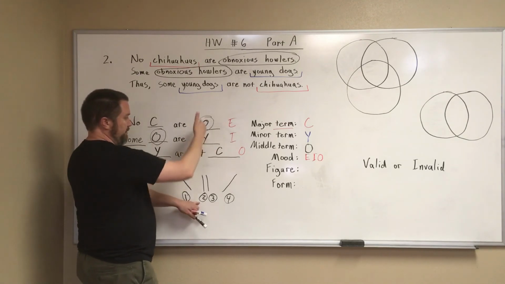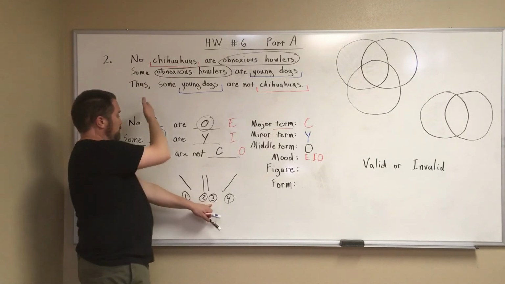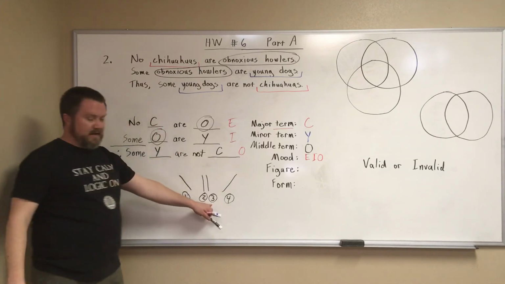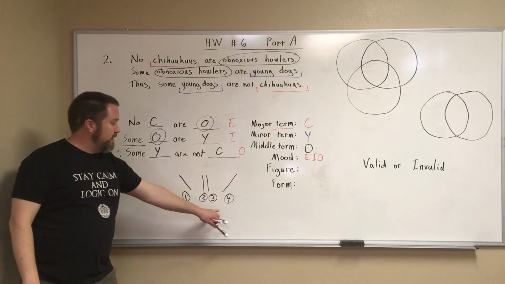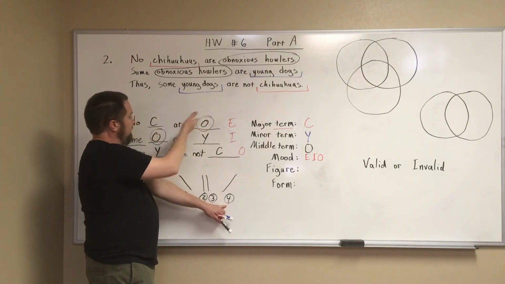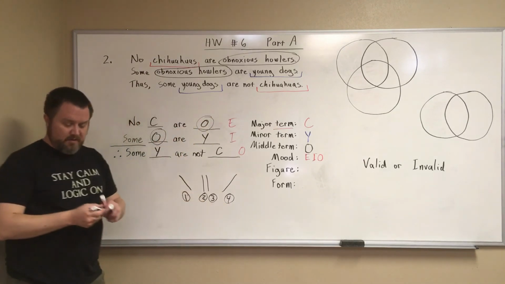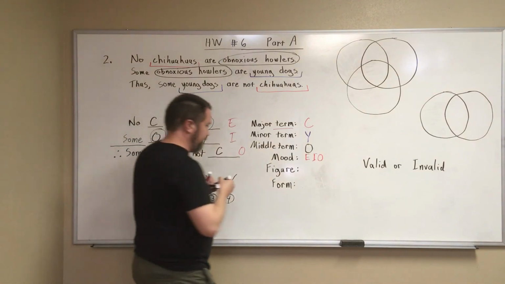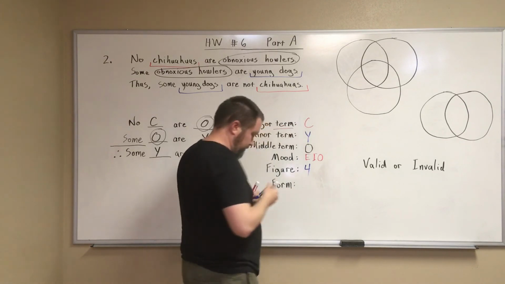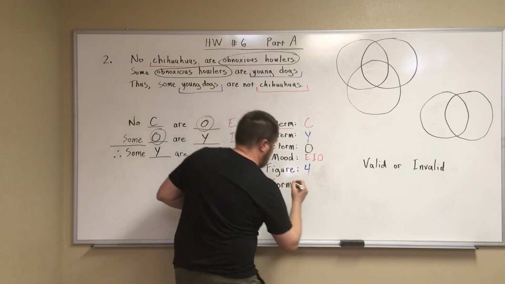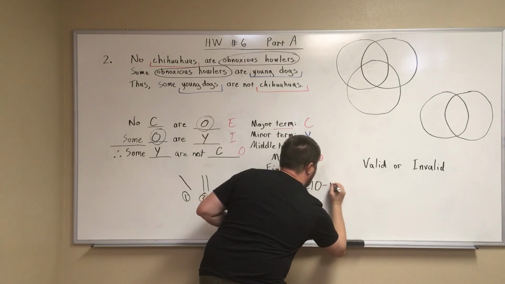If they're all the way to the right, on the predicate of each of the statements, it's figure 2. If they're all the way to the left, on the subject of the first two statements, that would be figure 3. And this one, like it is here, the two middle terms form kind of a forward slash. So that's figure 4. So just combine those two. And our form is EIO4.